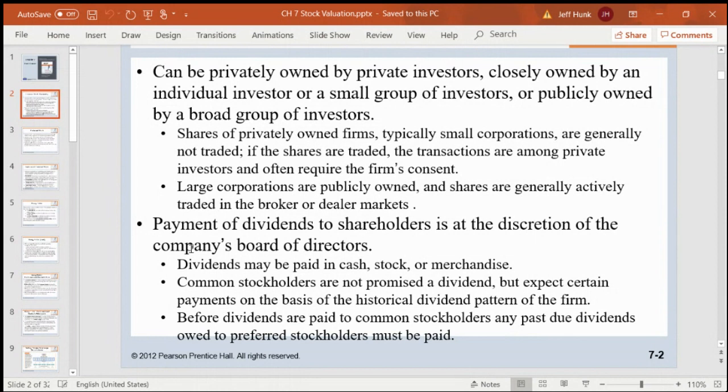In other words, without altering the book value of the stock, you can sell another 1 million shares.